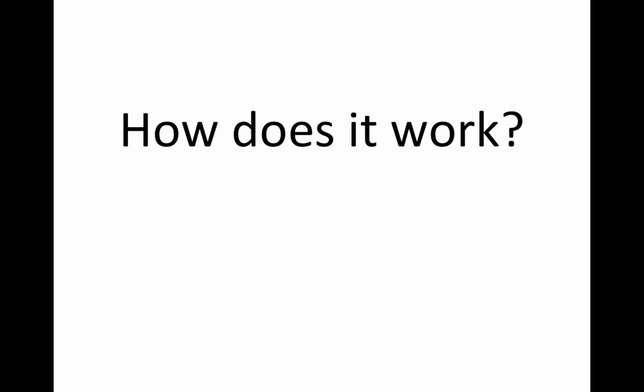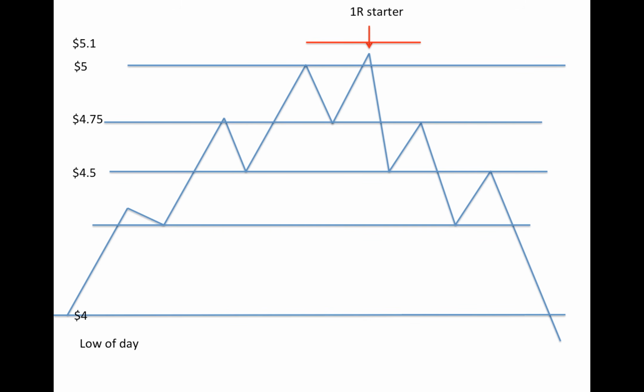Now, how does it even work? To do so, we're going to take the chart that I just showed you before, and I'm going to show you how it works. Now, this is the chart that I showed you, and we're just going to talk about it as if the low of day would be at $4 and the high of day would be right around $5, maybe $5.05, as it tries to break out but really can't make it.